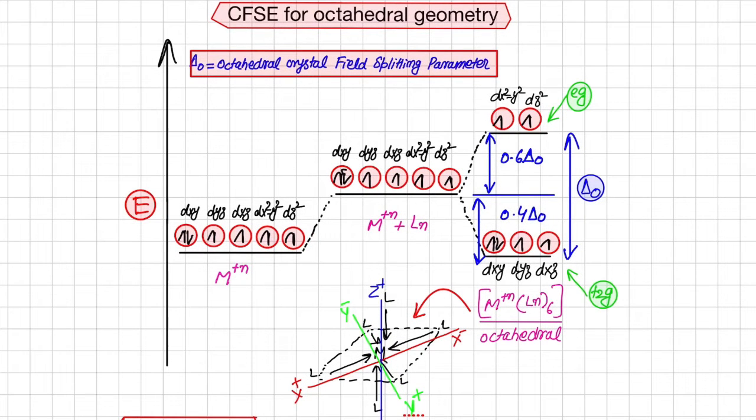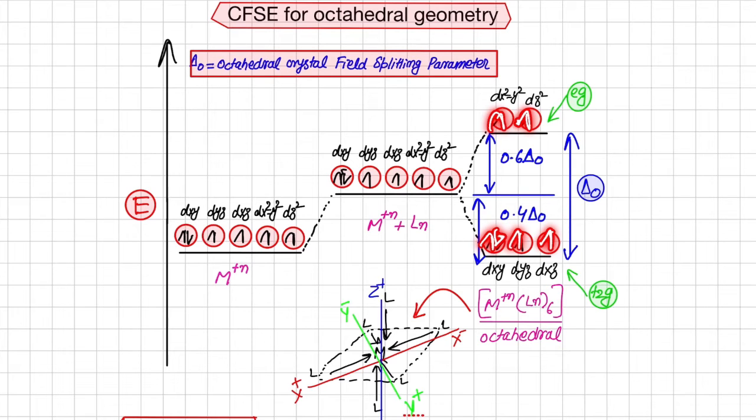In case of the D6 system for weak field ligand, 4 electrons will be placed here and 2 electrons will be placed here. So how can we arrange this? First of all, as this gap is much less, electrons will first be placed singly, like 3 electrons here and 2 electrons here. Now the 6th electron will go downward again and will be placed here.